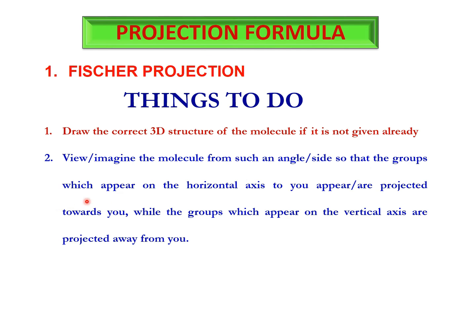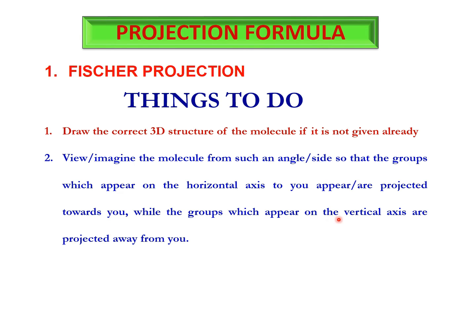So when you look at this 3D molecule from a particular angle or side, anything that appears on the horizontal axis to you is projected towards you, while the groups which appear on the vertical axis are projected away from you.